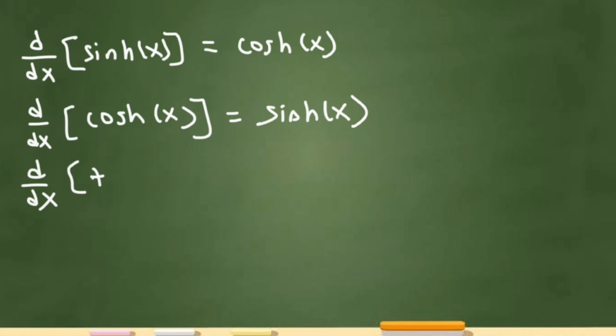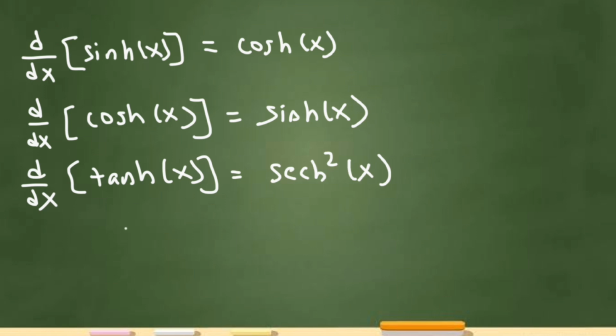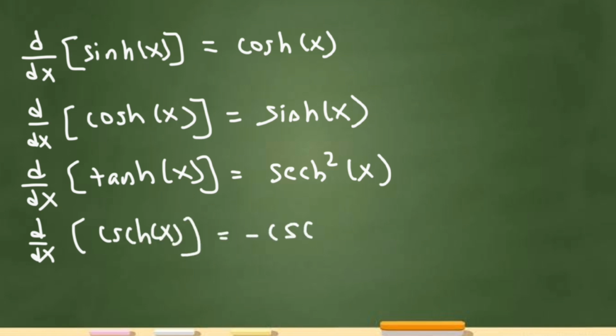The derivative of hyperbolic tangent is hyperbolic secant squared. The derivative for hyperbolic cosecant x is negative hyperbolic cosecant times hyperbolic cotangent of x.